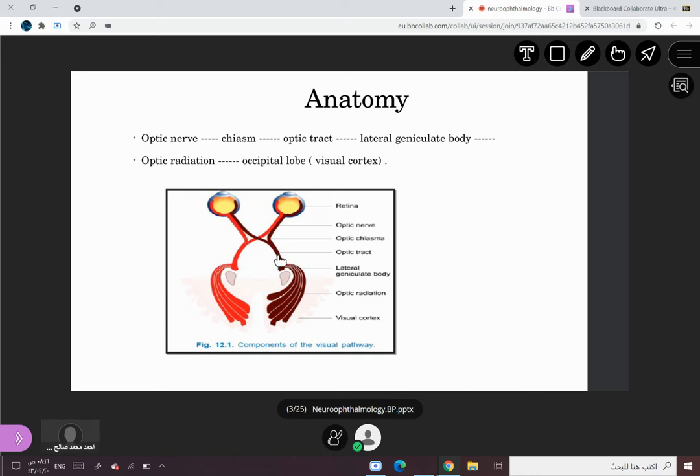From the optic tract we'll go to the lateral geniculate body, then optic radiation, and lastly the visual cortex. This is very, very important to understand this simple chart, to understand the visual field. Visual field defect is very, very simple if you understand the concept and the basics of this one.